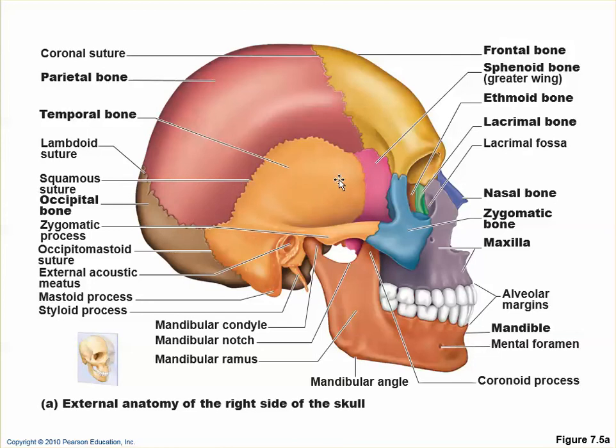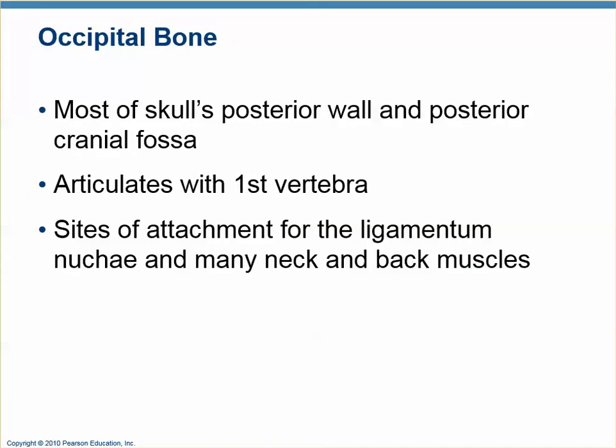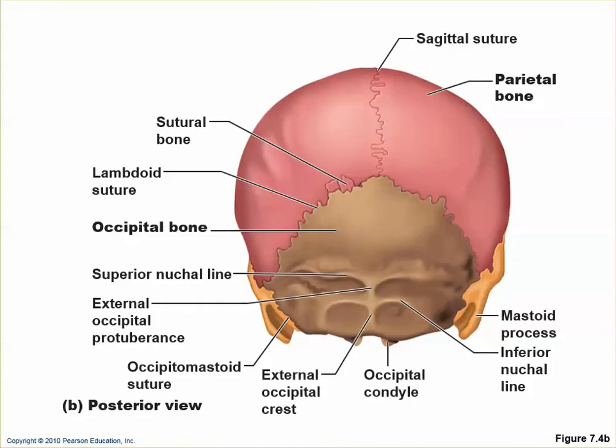This orangey one is the temporal bone, but the parietal bone is here. The occipital bone is this one here, and it goes right to the back. It also is the part that articulates with the first vertebra. Not only does it form the back part of the skull, it also forms the majority of the floor of the skull and actually surrounds the foramen magnum, the big hole.